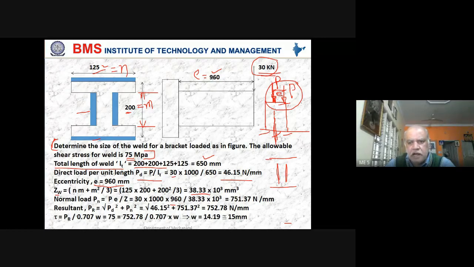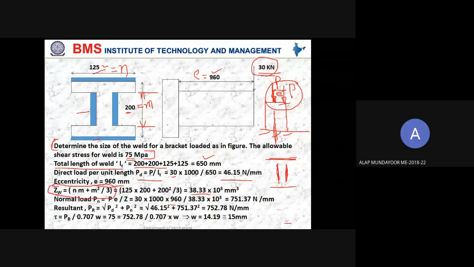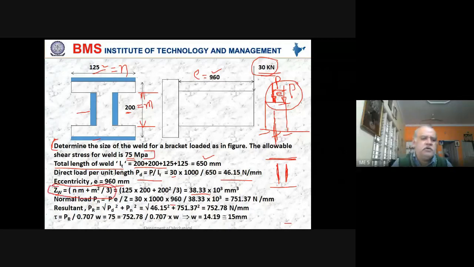It is not a double line, it's a single line. Don't get confused. Are you getting this figure and this equation? Are they matching? Yes, sir. They are matching, no? Section modulus.